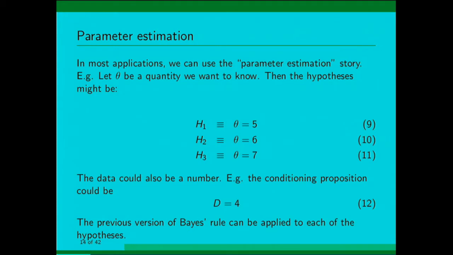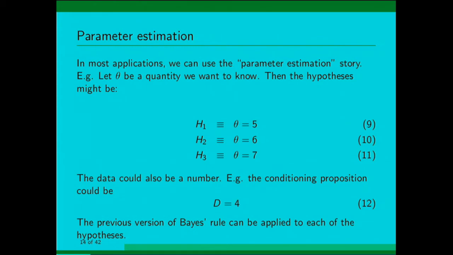If we want to know the value of a quantity, then we can just come up with some hypotheses about what that value might be, and those hypotheses are propositions. So if a quantity we don't know is called theta, then we might think it's possible that theta is 5, or that theta is 6, or that theta is 7, and they could be 3 mutually exclusive and maybe exhaustive hypotheses as well.